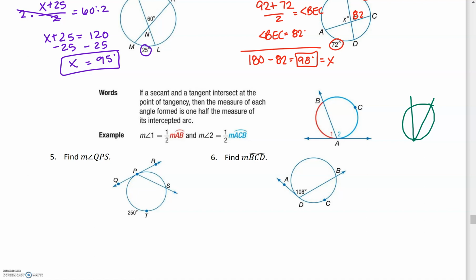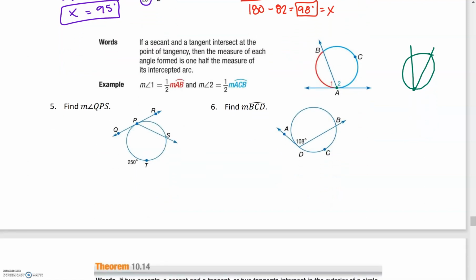Whatever that arc is, the angle is going to be half of the arc when a secant and tangent are meeting on the circle. So if we look at this one, we know that this whole thing is 250. So what is this angle QPS? It's going to be half of that, which would be 125.